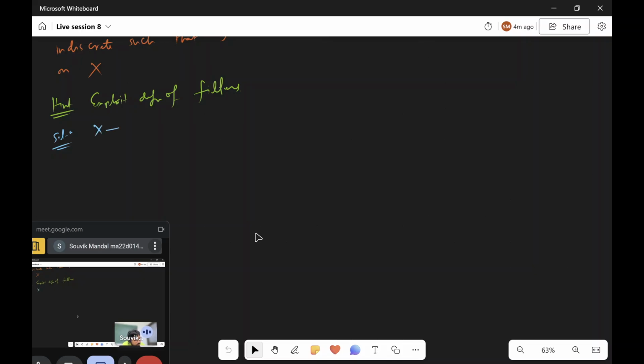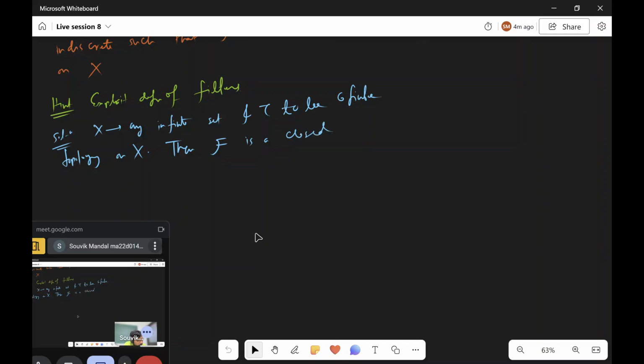Take X to be any infinite set and tau to be the cofinite topology on X. Then F is closed under finite intersection.